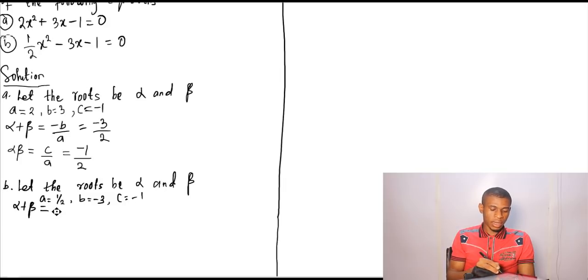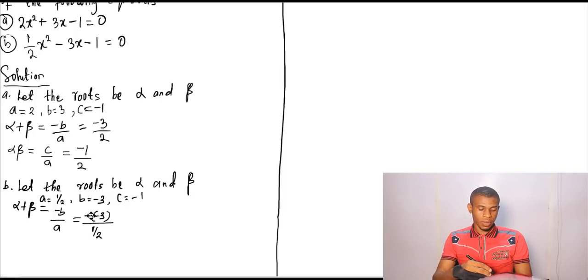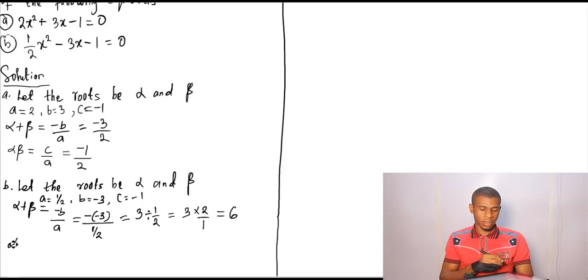Now alpha plus beta is minus b over a. I have minus 3 all over a. My a is 1 over 2. Of course, minus multiplying another minus changes to positive, equal to 3 divided by 1 over 2, which is 3 times 2 over 1, equal to 6.